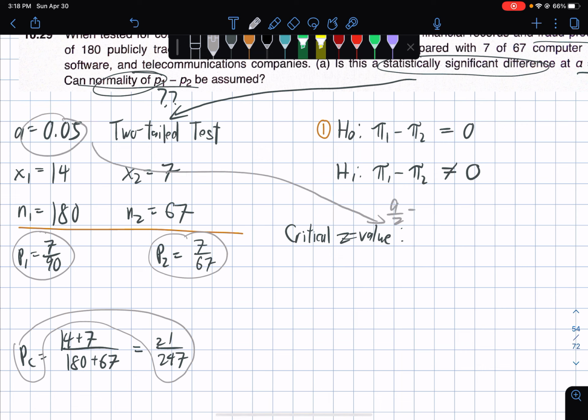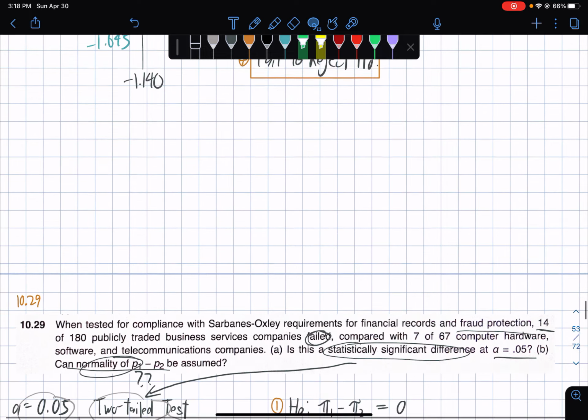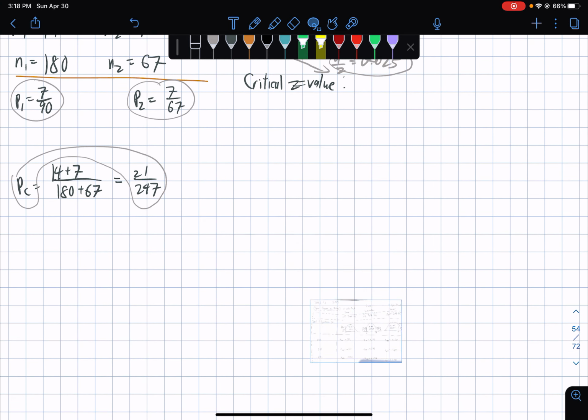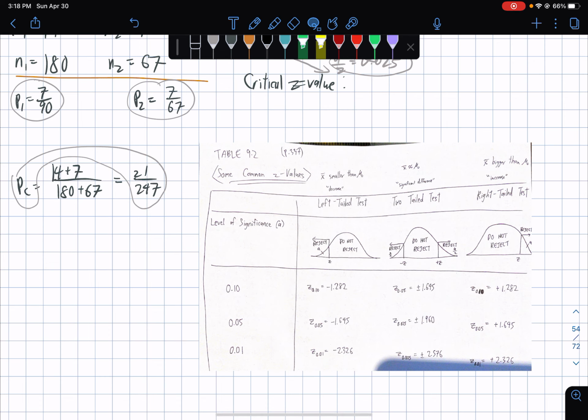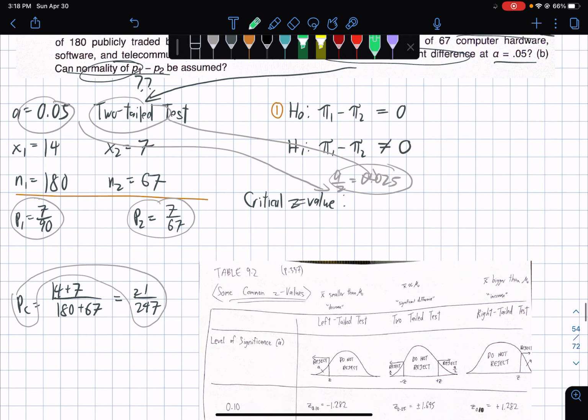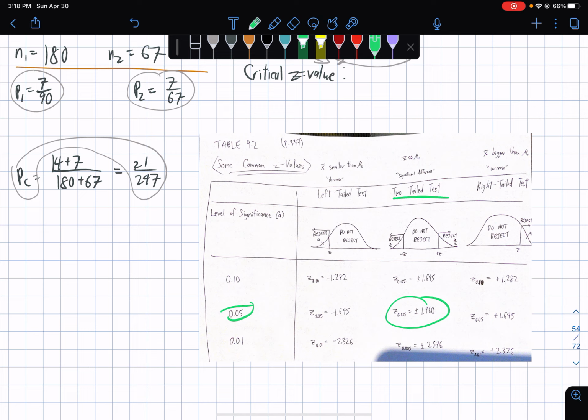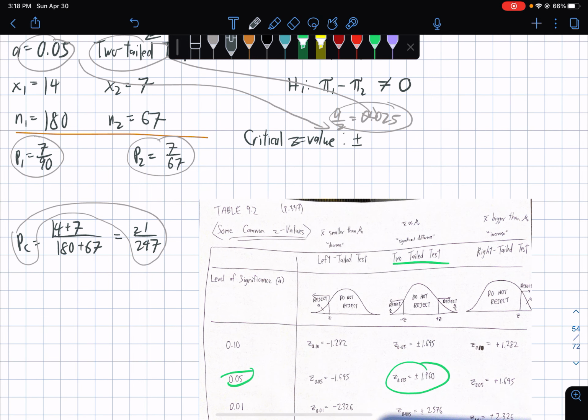So alpha over 2 is 0.025. Why did we do this? Because it's a two-tailed test. So let's pull out our paper again. Two-tailed test, 0.05. This is plus minus 1.960.